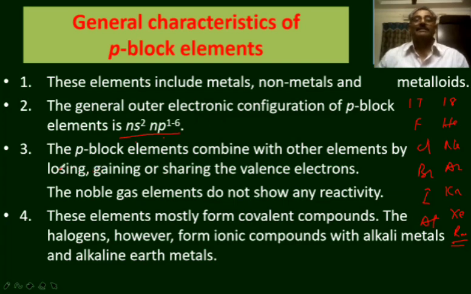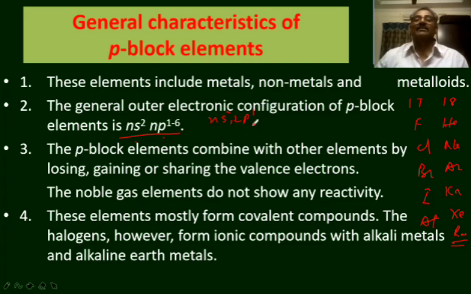Next, p block elements combine with other elements by losing, gaining, or sharing of the valence electrons. These are less electropositive compared to s block elements. The elements which contain 3 electrons in the valence shell, that is 13th group elements, have ns2 np1 electronic configuration.